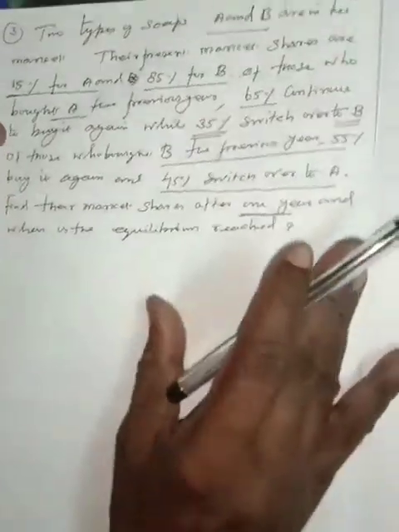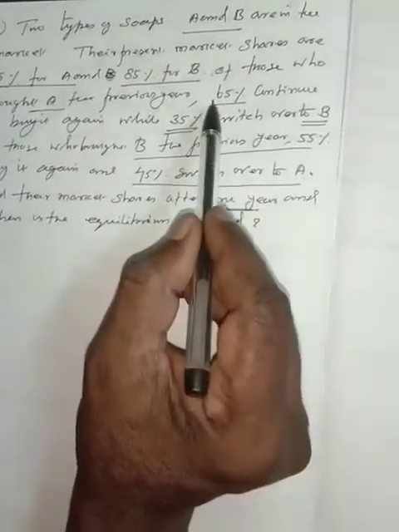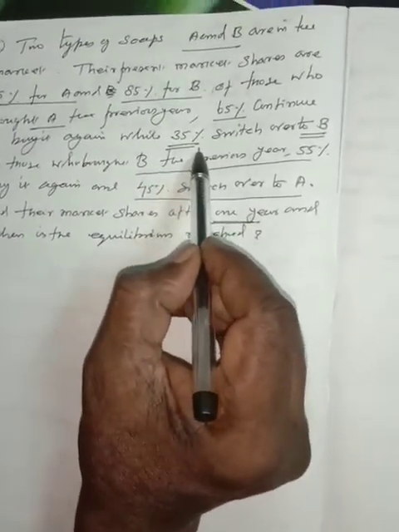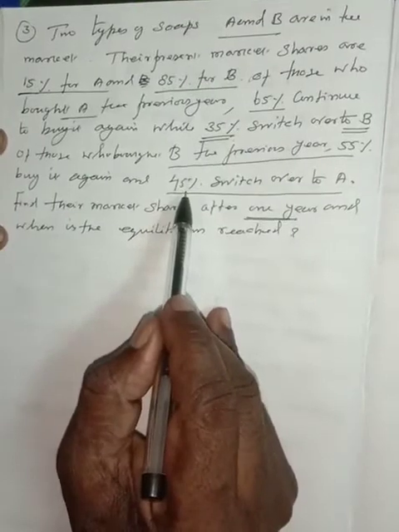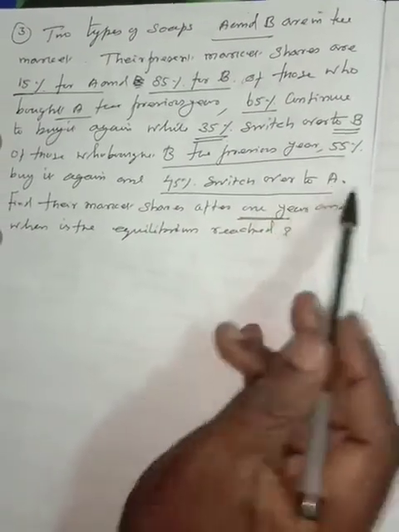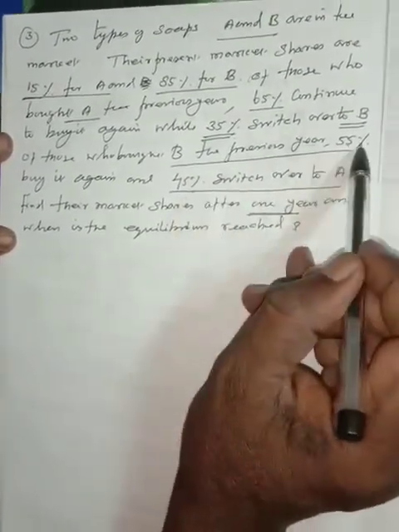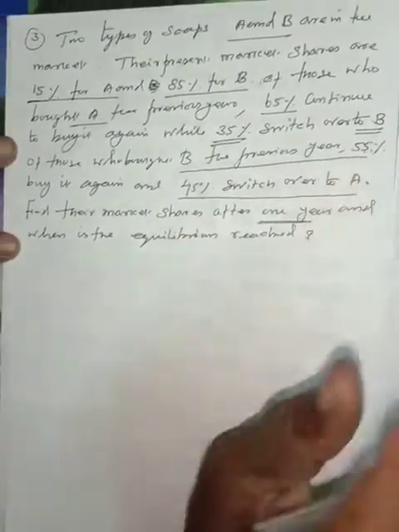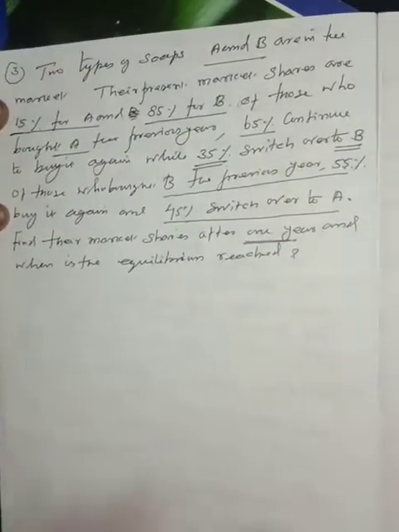This is the question. First the given data: 15%, 85%, 65%, 35%. Adding to 100, so it is equilibrium. Now 45% switch over to A, B is 55%, so this also adds to 100. So all are equilibrium, but proof is using the transition matrix.